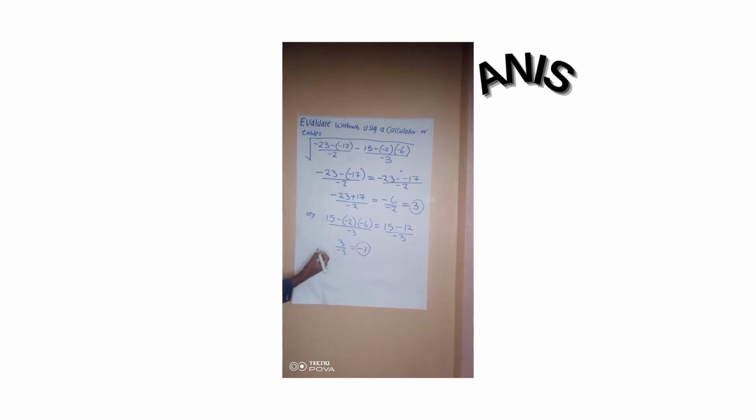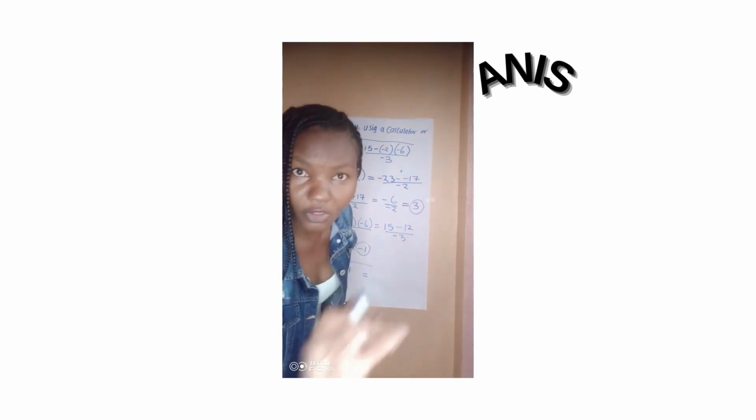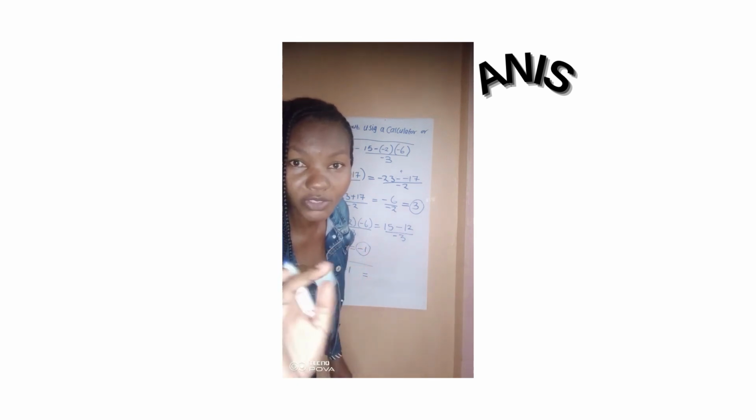Now we can combine them. So we write the square root symbol, and then the value of the first part is 3. Then minus the value of the second part, which is negative 1. So this one gives us 3 minus, again negative, and a negative sign following each other, giving us a positive sign.